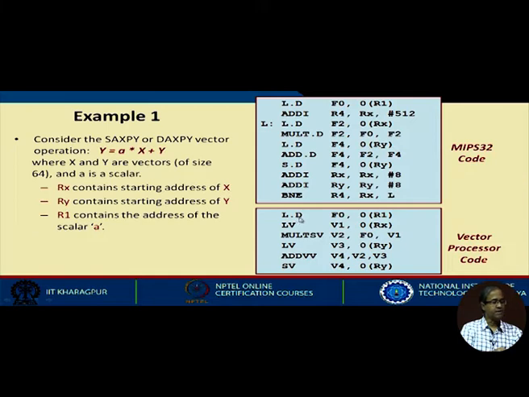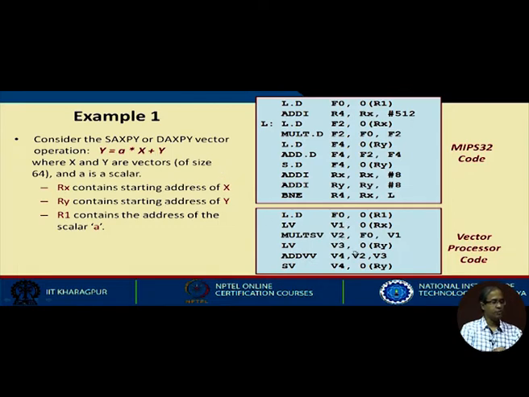The equivalent vector computing code will look like this. Here we are loading the scalar number into F0 as usual. This is a load vector instruction. Load vector V1, 0(Rx) will load the entire 64 element vector into V1. Then we are saying multiply scalar with vector, this is the instruction MULTSV. We multiply the scalar F0 with all the elements of the vector V1 and store the result in V2.